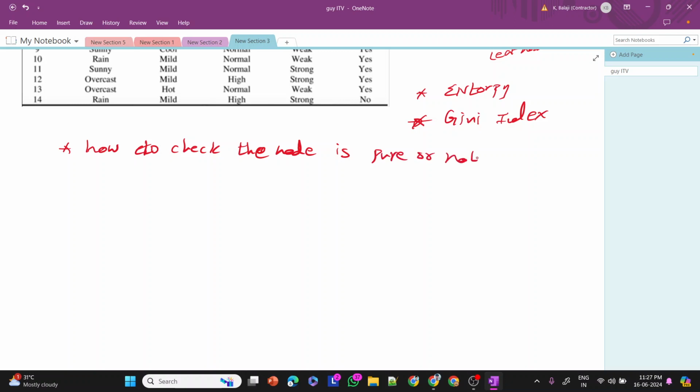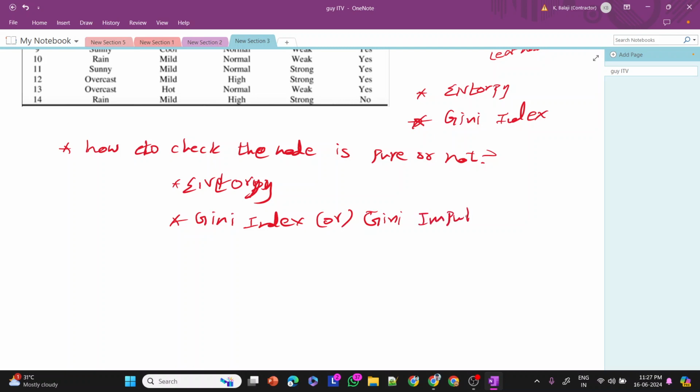We can use entropy or Gini. It can be called Gini index or Gini impurity. We can call this method Gini index or Gini impurity.